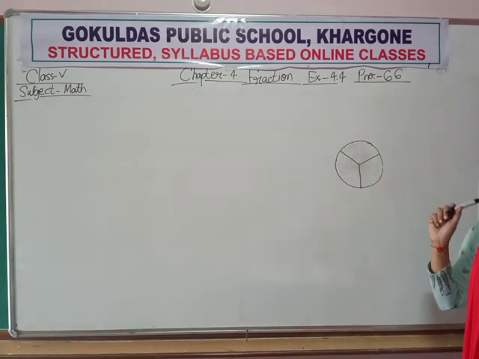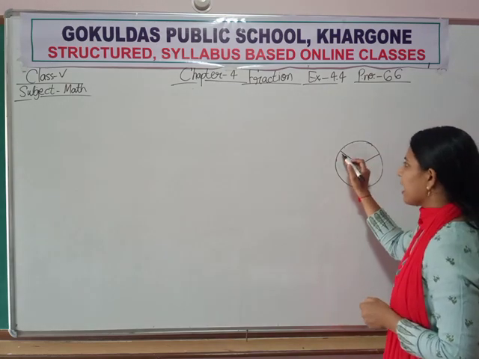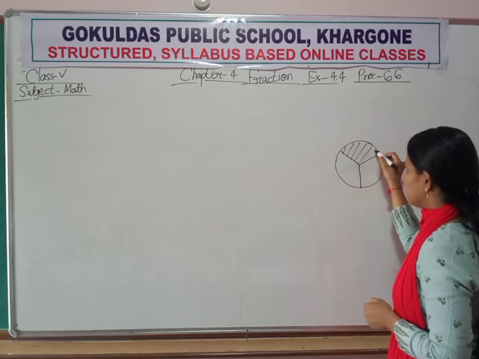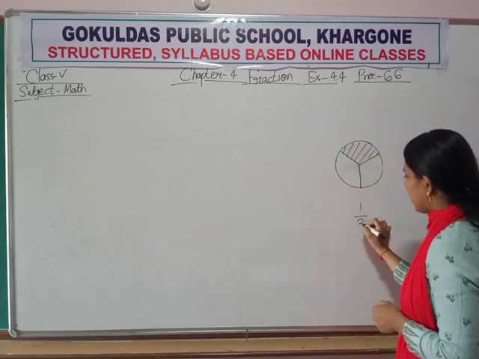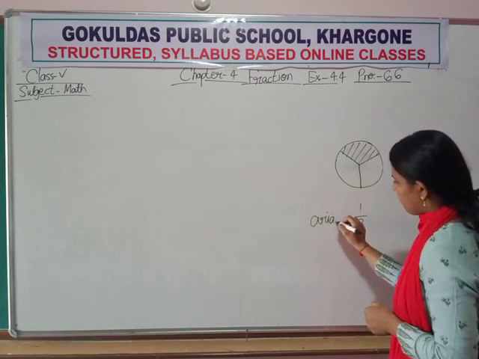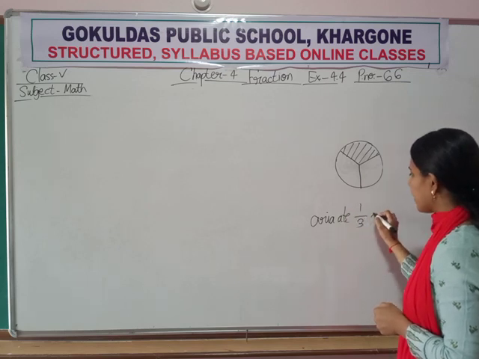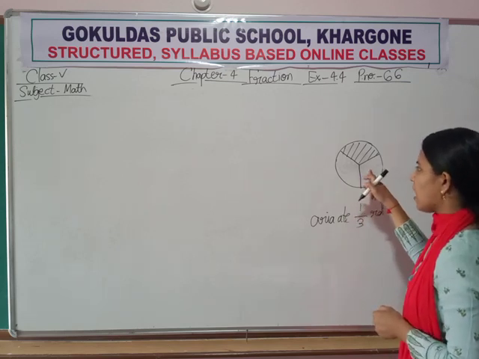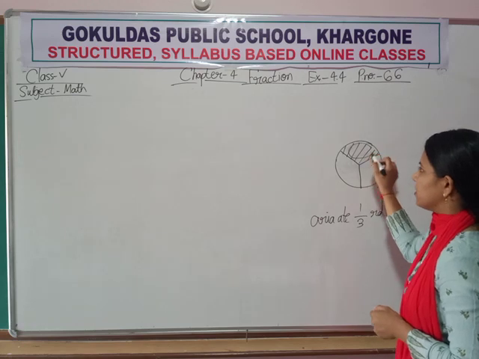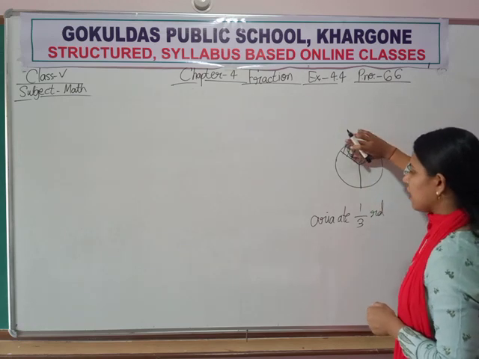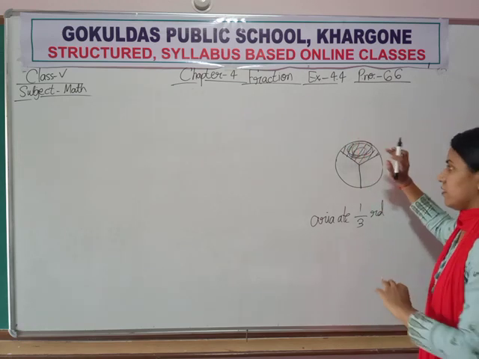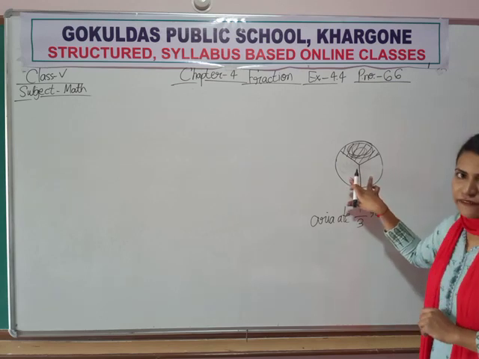Arya's mother made 1 cake, right? And Arya ate 1/3, which means out of 3 parts she ate this much. Arya has eaten this much, okay? So this much is left now.